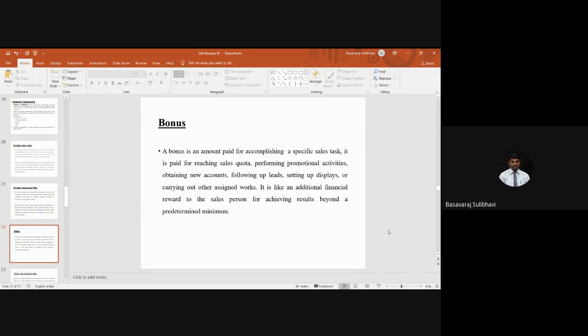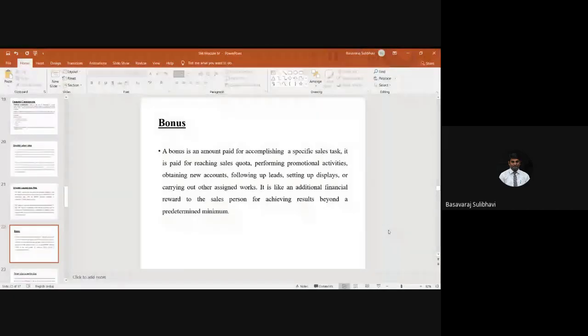Then next, the third one is a bonus, which is paid to certain people for performing a certain task, or accomplishing a certain task which has been given to them. It is paid for reaching sales quotas, performing promotional activities on behalf of the organization, or identifying new prospects and new accounts and obtaining them.